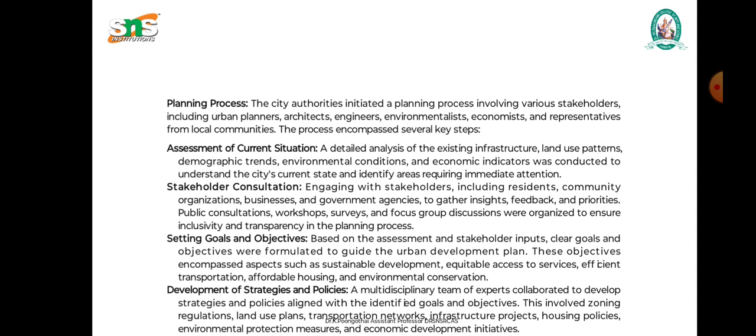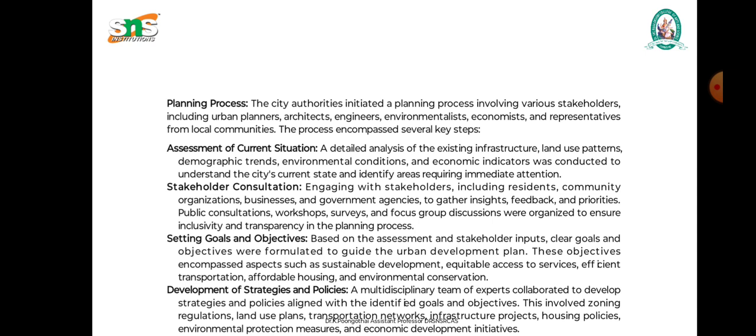Assessment of the current situation is the first step. In this assessment, existing infrastructure patterns, demographic trends, environmental conditions, and economic indicators were analyzed to understand the city's current state and identify the areas requiring immediate attention.